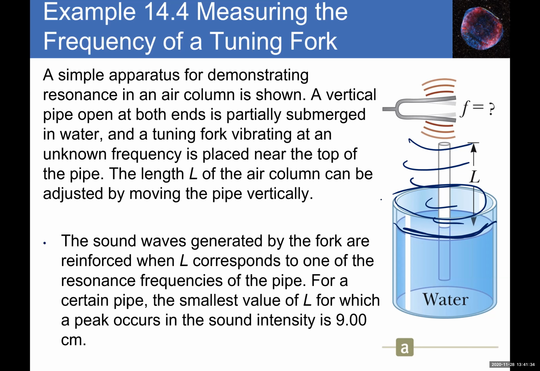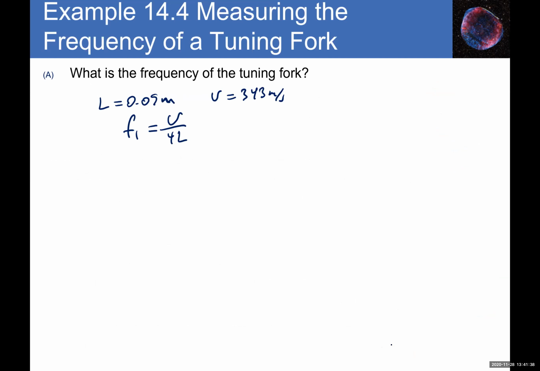So the sound hits the water and bounces back. That means we have F1 equals V over 4L. So 343 meters per second over 4 times 0.09 meters, we're going to get 953 hertz. So this is the frequency of the tuning fork.